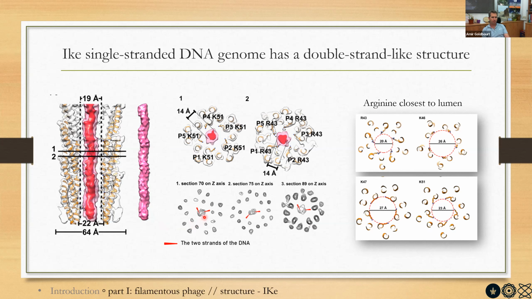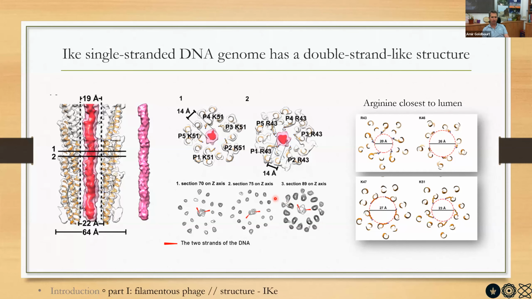If you look at the contour maps, you see these two strands of DNA, proving that the single-stranded DNA is circular and wraps around itself, a little bit like double-stranded DNA, because if you take different sections along the DNA axis, you see the shape rotates and changes intensity. That tells you there is some kind of winding of the DNA inside, and we could determine the average pitch and the handedness of the DNA.